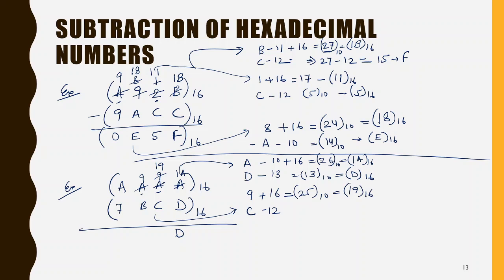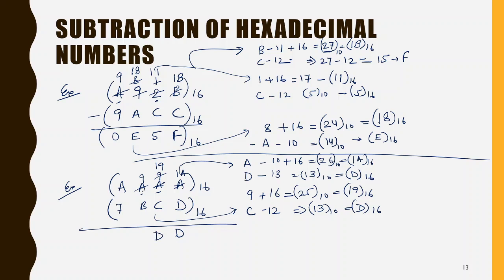Okay, and 25 minus 12 will give me 13 in decimal, and 13 in decimal is D, right? So you will write D here.